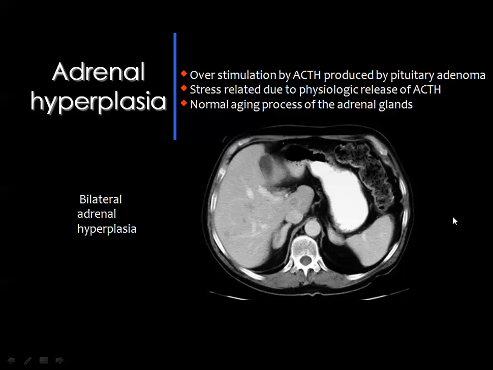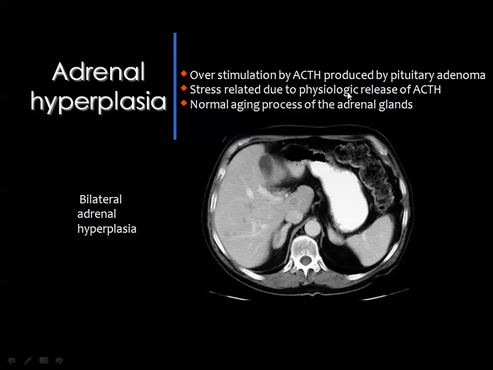Hyperplasia can also be a normal aging process of the adrenal gland. You know that the aging process everywhere in the body is in the form of atrophy of the organs, like the pancreas, for example, and the brain. But in the suprarenal gland, it is in the form of hyperplasia.